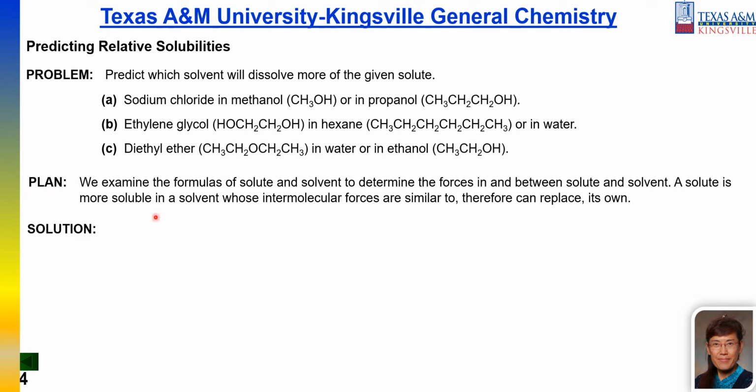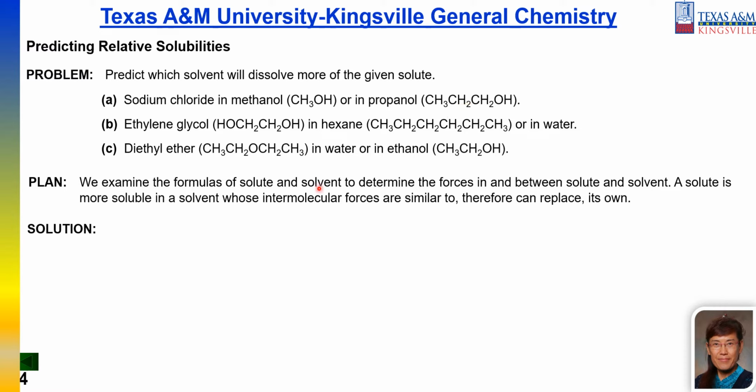So what's your plan? First of all, you are going to examine the molecules of your solute, such as sodium chloride, ethylene glycol, diethyl ether, and your solvent, such as water, hexane, ethanol, and isopropanol.